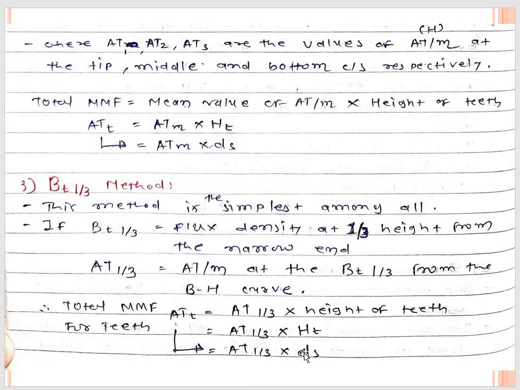Put the value of HT as DS. So the total MMF for the teeth will be given by AT one third multiplied by DS. So this is the most important theory. You have to explain in brief these three methods for calculating it.